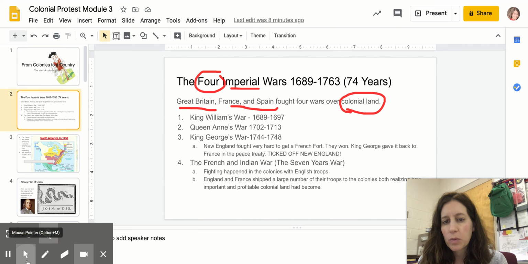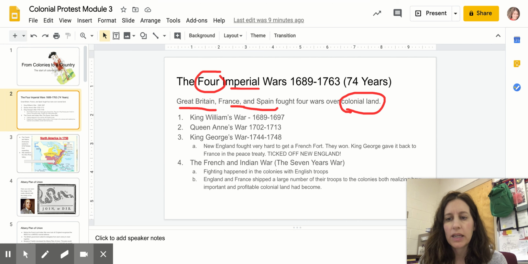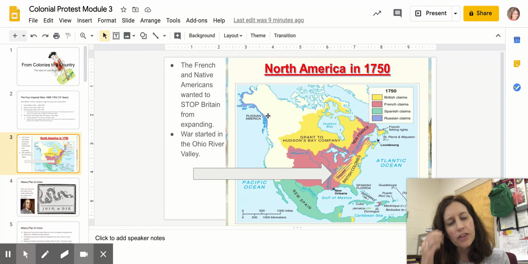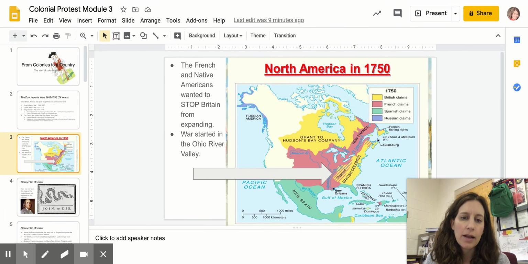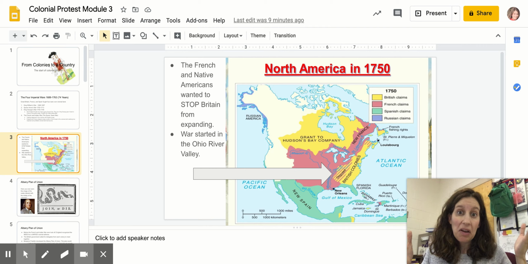So let's talk about this war in specifics and try to figure out why the French and Indian War happened in the first place. If you look at this map, this territory that is striped is disputed. It is in between English territory and French territory. The English want it, the French want it, and the Native Americans are living on it.